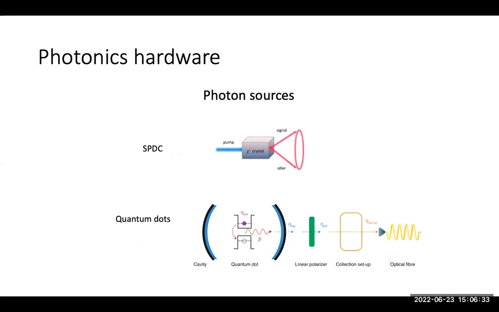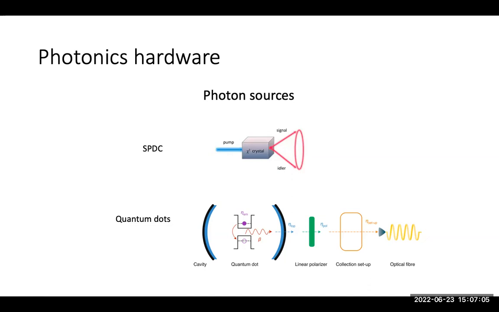So if you want to build a photonic quantum computer, there are different approaches. You can also use other degrees of freedom of the photon, but in general, what you need is single photon sources. There are two main methods for generating single photons, and the most popular one is spontaneous parametric down conversion, where you basically throw a laser on a crystal, and it emits a pair of photons that are entangled.